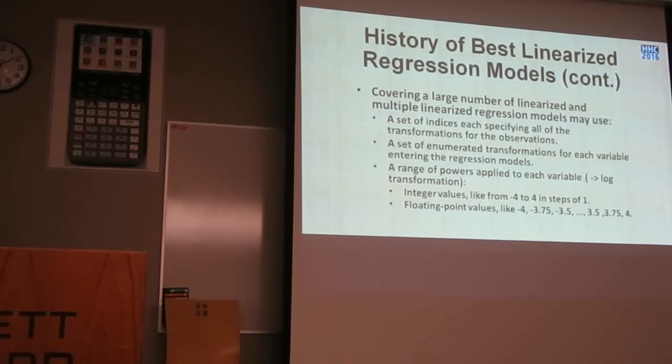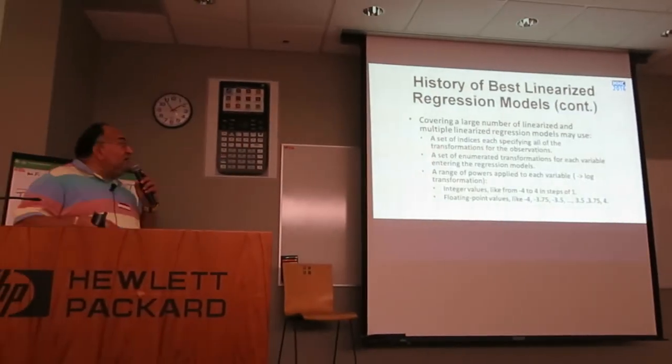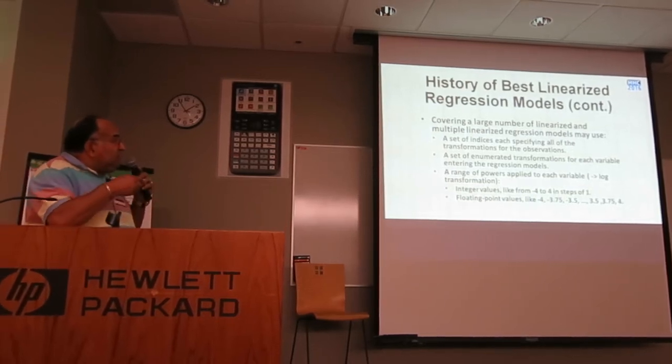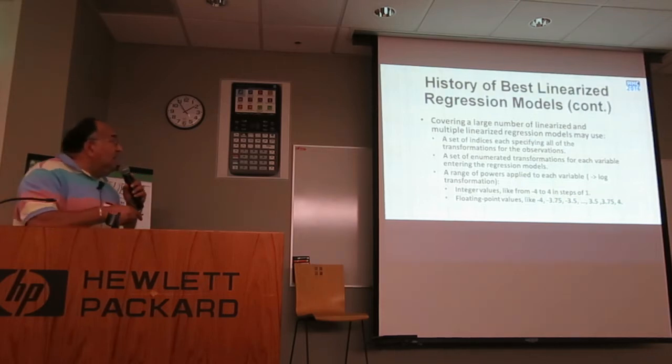Now I'm talking about a large number, exploring many models in the tens or in the hundreds, depending on the number of independent variables. You have several choices for how you manage the models.